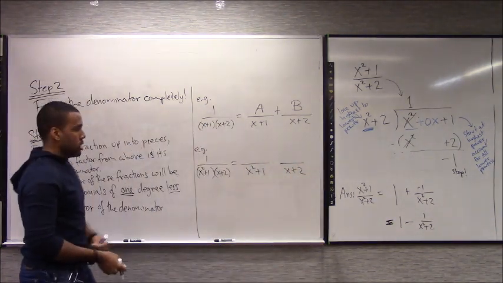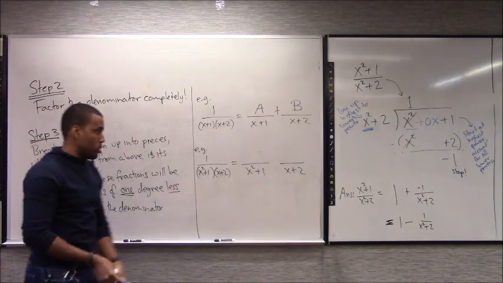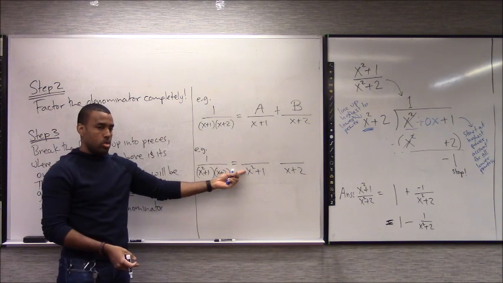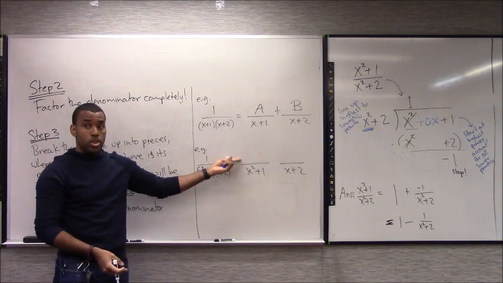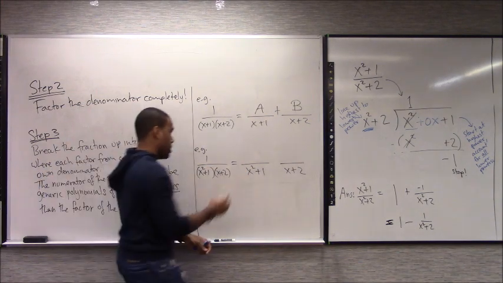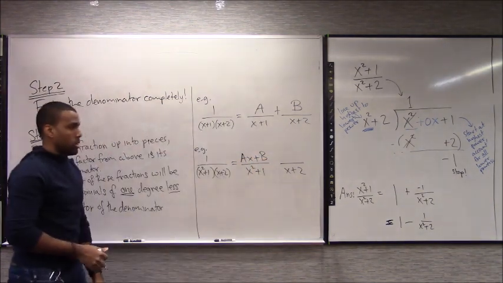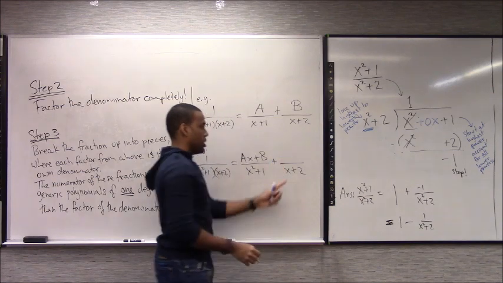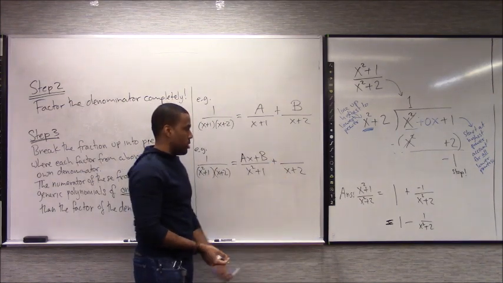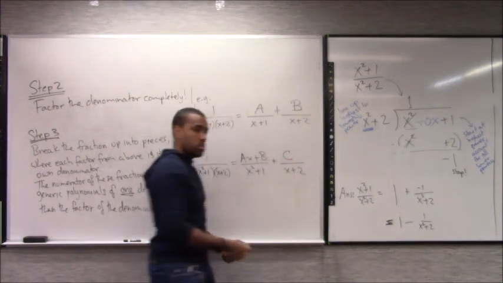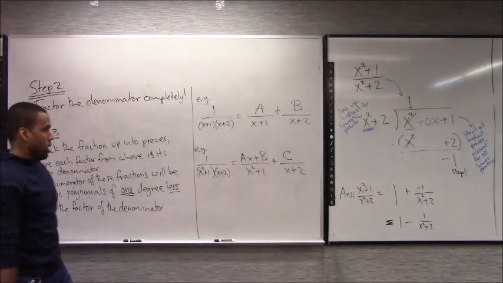In each numerator you put a generic polynomial of 1 degree less. The denominator here is a 2nd degree polynomial, which means on top you need a 1st degree polynomial, a generic one, Ax plus B. Plus, move on to the second one. Well, that's a linear polynomial, 1st degree, which means on top I need a 0 degree, C. So that one would break up.